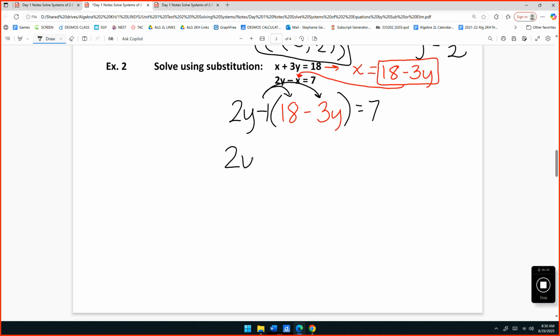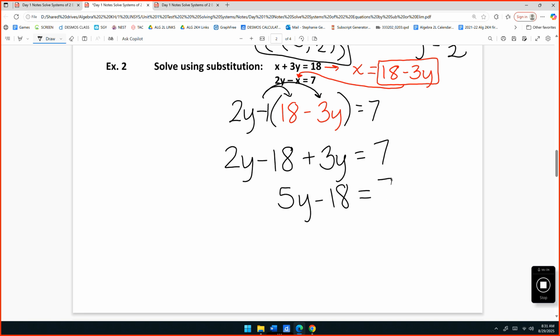So I have 2y minus 18 plus 3y equals 7. And then we can solve from here, right? Combine our like terms: 5y minus 18 equals 7.